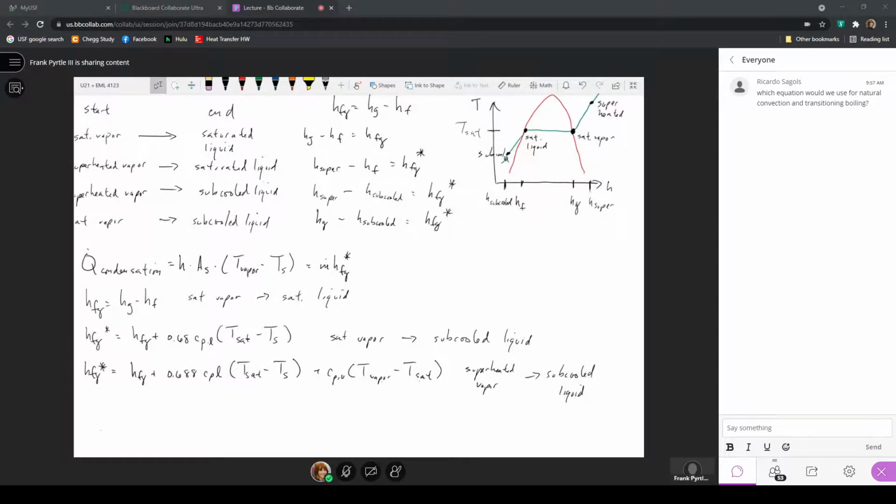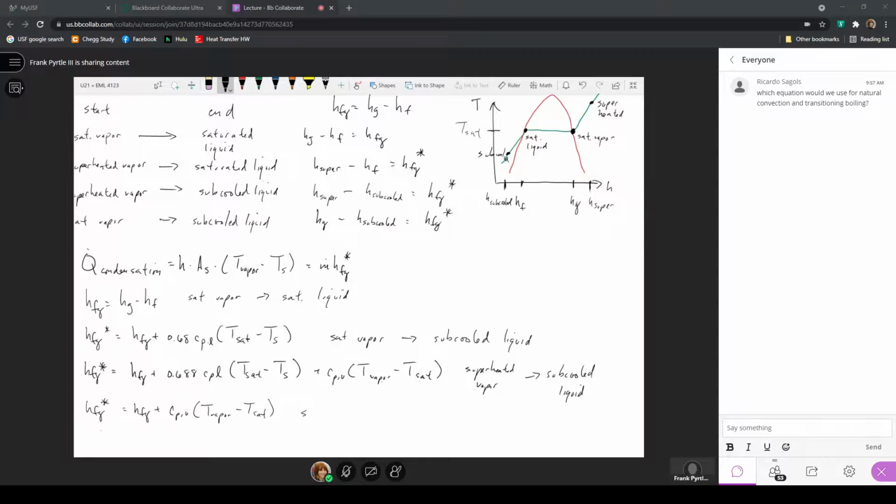Now we could also have an HFG star if we consider, let's say, from superheated vapor just down to saturated liquid. That would be HFG plus C sub P V of the vapor phase times the temperature of the vapor minus the saturation temperature.